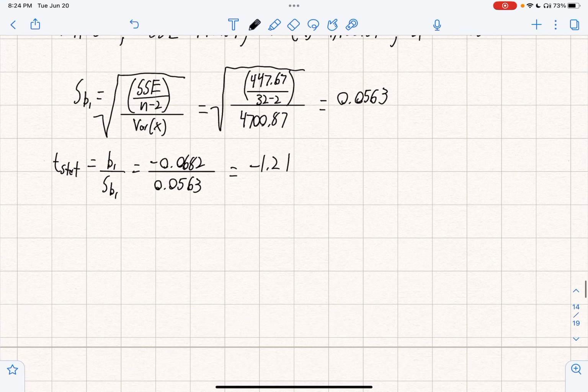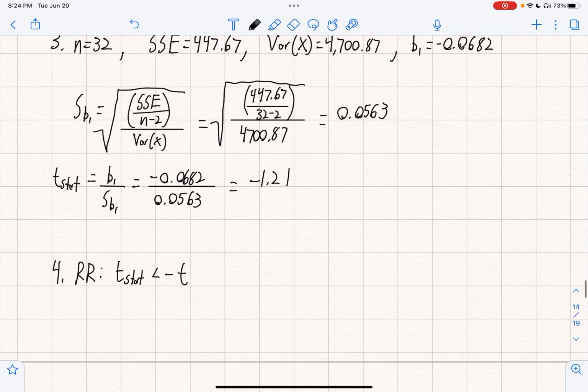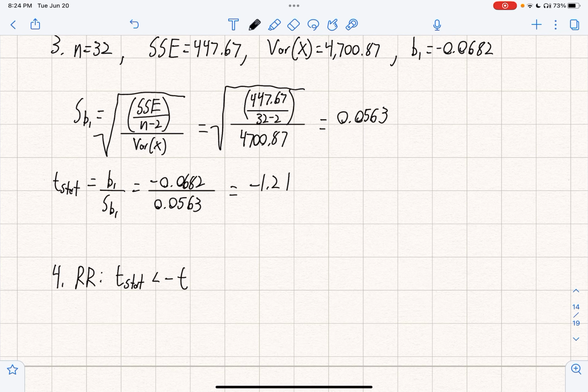So now let's establish our rejection region. So step 4. Our rejection region will be if T-stat is less than negative T, with n minus 2 degrees of freedom, n is 32, so 32 minus 2 is 30, so 30 degrees of freedom. This is two-sided, so we divide alpha in half, so 0.025.